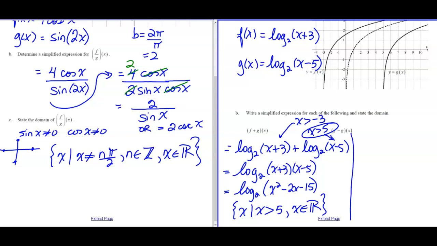And then subtracting. Remember, subtracting logs at the same base, you divide the arguments.